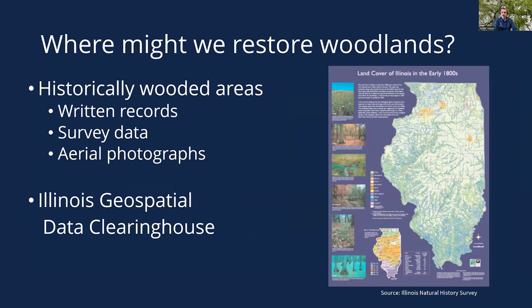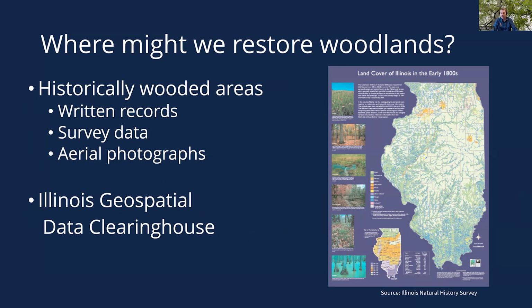So where can we look to think about restoring woodlands? The first place to look really is where we might have historically had wooded areas, but may have been deforested or potentially converted to another use for some reason. And there's a lot of useful information out there where we can look at previously forested areas in the state.